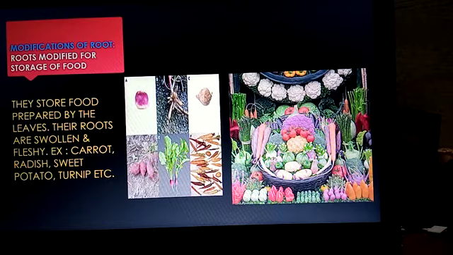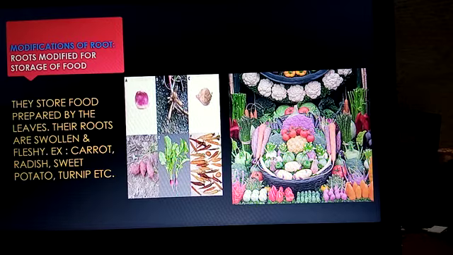In modifications, we have the first one as the roots modified for storage of food. These roots store food prepared by the leaves, and they look swollen and fleshy.